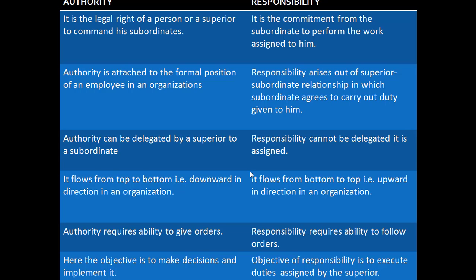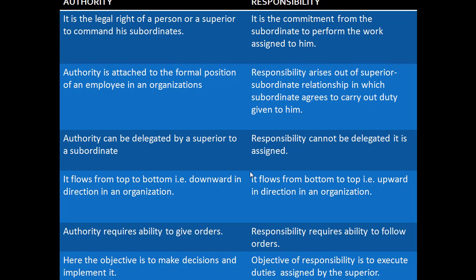So authority one simply gets as soon as he joins the organization, right? Whatever position you have in the organization, automatically you will have authority related to it. But responsibility is the commitment which a subordinate gives to his superior to complete or perform the work which is being given to the subordinate.